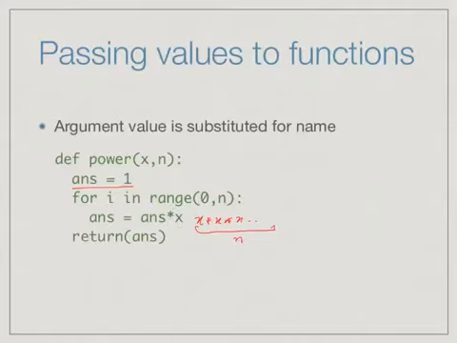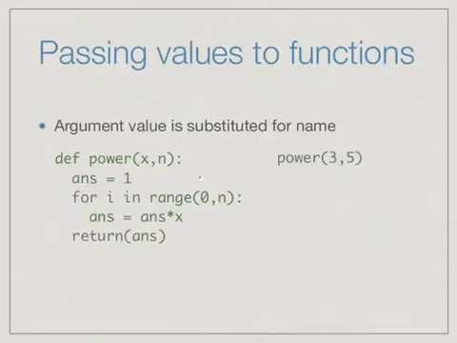Now, the way we would use this function in our code is to write an expression of the form, say, power(3, 5). Obviously what this means is that 3 should be used for x and 5 should be used for n. And we would then run this code with the values x equal to 3 and n equal to 5.